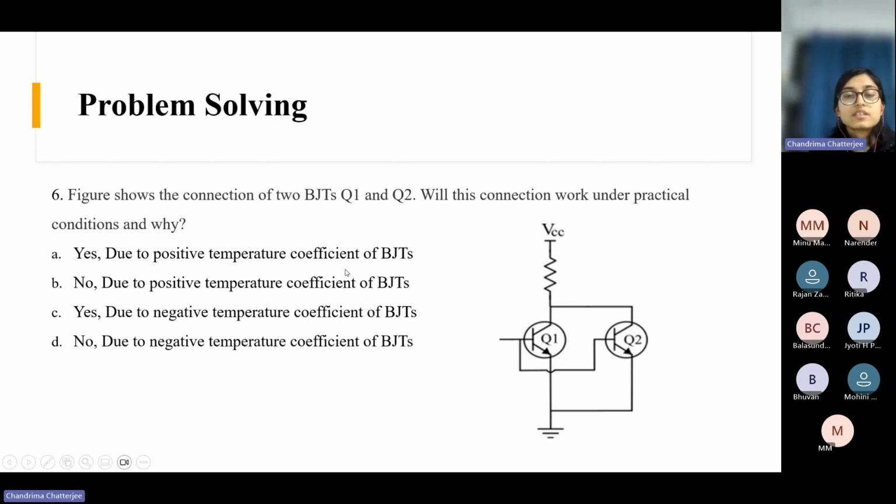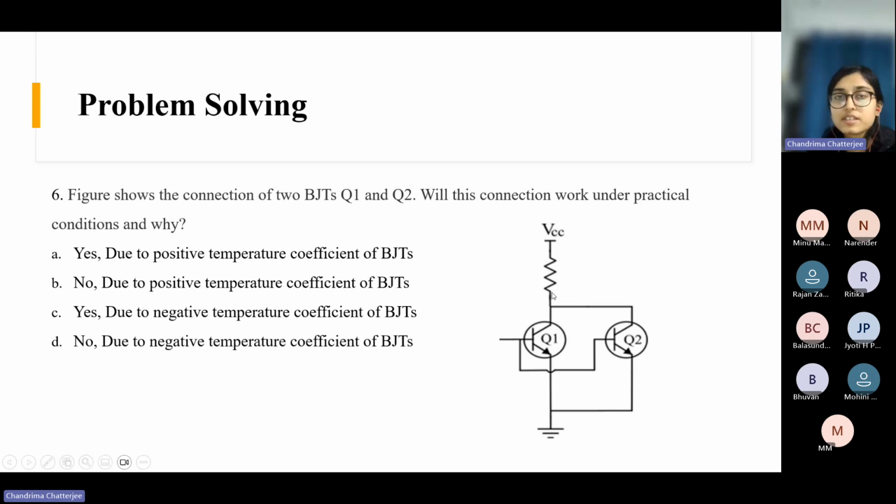What they are saying is, this figure shows the connection of two BJTs Q1 and Q2. Will this connection work under parallel condition and why? There are four options. What do you think? What is the correct option? Is this connection viable? Can we apply this?